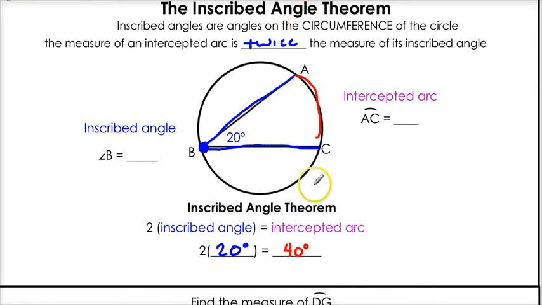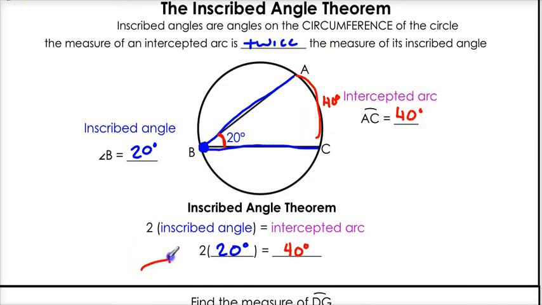It's always just double. So this inscribed angle is 20, my arc is 40. Let's put angle B is equal to 20, that was given to us. The arc is 40. So we see the difference here.